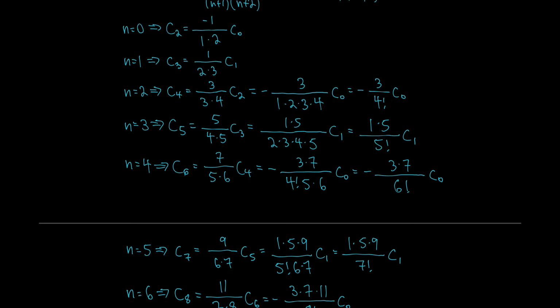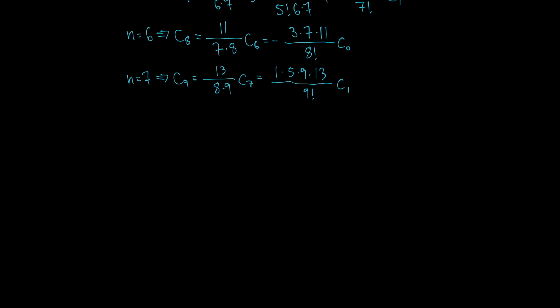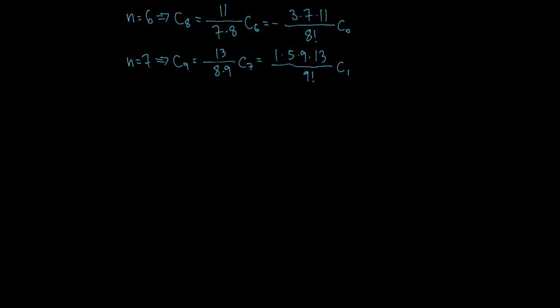So that means that we could write our even terms C2n equal to negative 3 times 7 times 11, etc., with a general term of 4n minus 5.